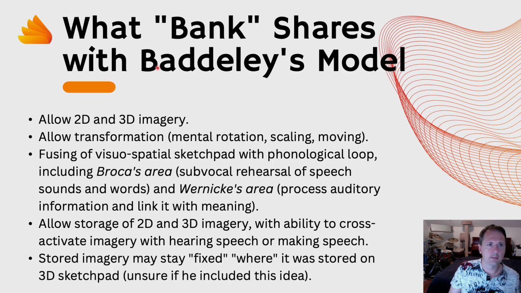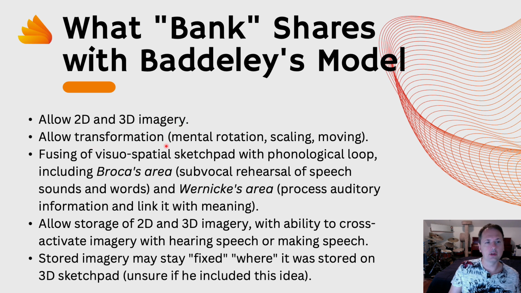Assuming I understand Baddeley's model correctly, I would like to include all of it in the bank model, and then I want to add certain things onto it. So within the Baddeley model, he basically advocates that there needs to be a space for drawing 2D and 3D imagery.